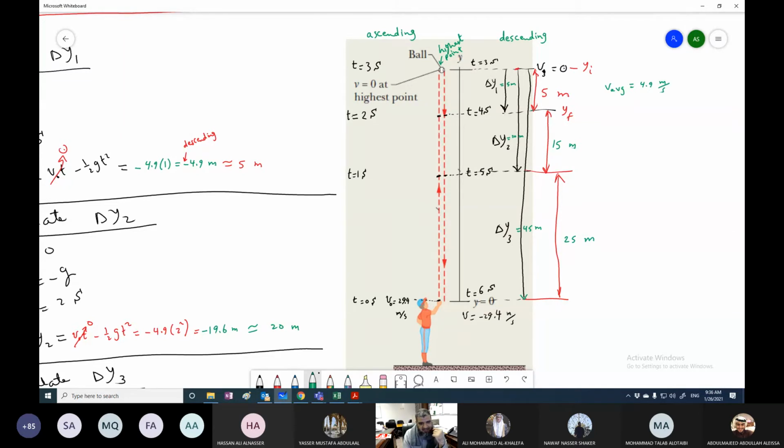What is the V average in the second second? Here you have 9.8, and here 19.6, divided by 2, so it comes to 14.7, which is approximately 15 meters per second. Which compared to the first second is approximately 5 meters per second.